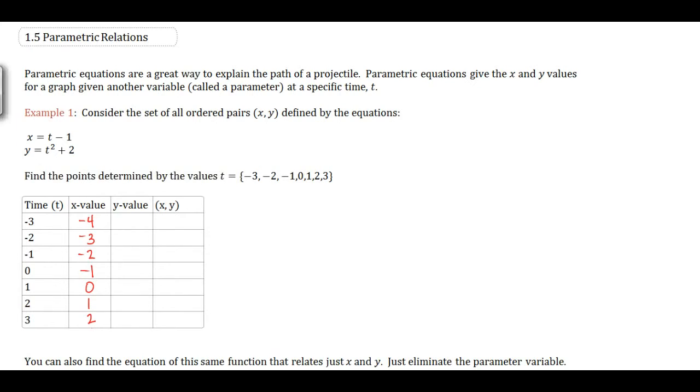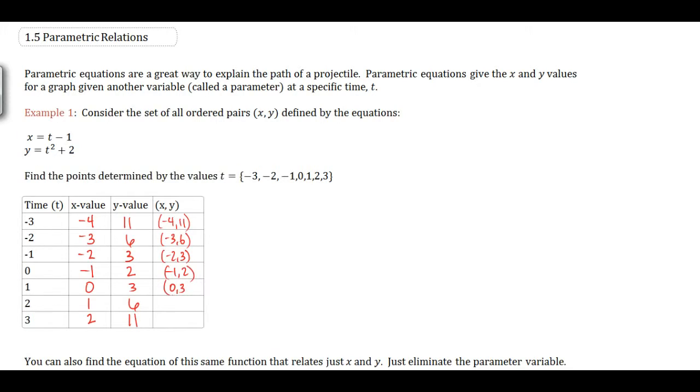So 11, 6, 3, 2, 3, 6, 11. And so there are the points. -4, 11 is on the graph. -3, 6 is on the graph. -2, 3 is on the graph, and so on and so on.